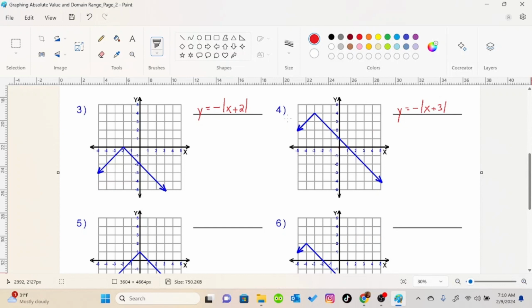Then we can see the vertex has been shifted up 4. So we need to add 4 after the absolute value symbols. So the function for number 4 is y equals negative absolute value of x plus 3, plus 4.